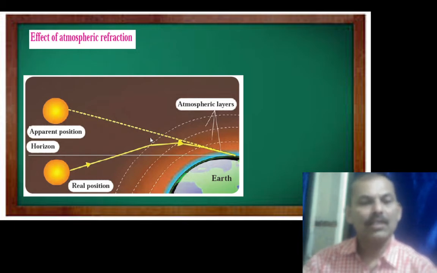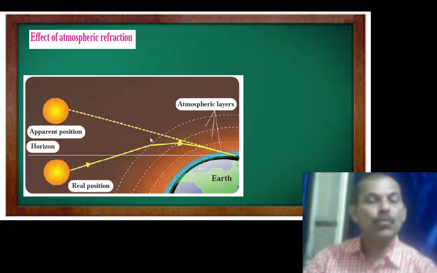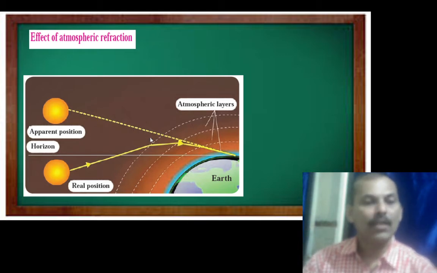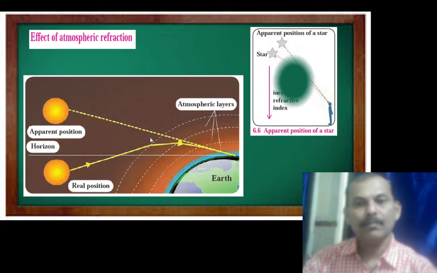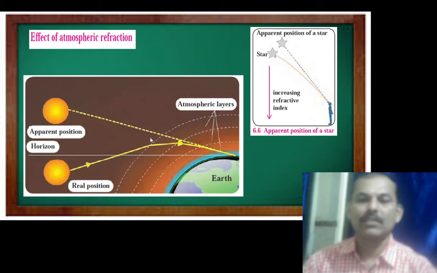The rays which come from that object pass through different atmospheric layers, and because of that there is a refraction of light, and that changes the position of the real object. The apparent position of the star is also an example of this refraction. Here the refractive index is increasing.